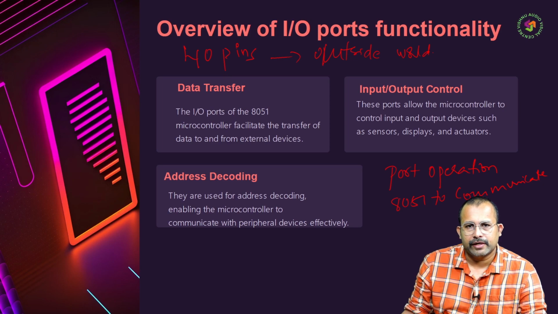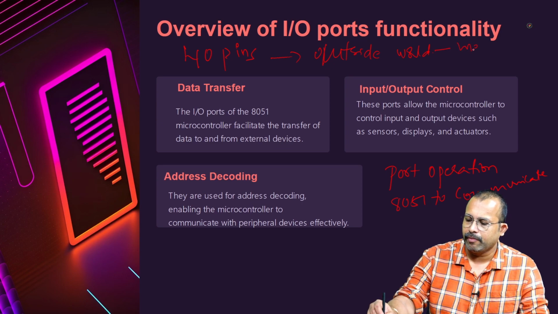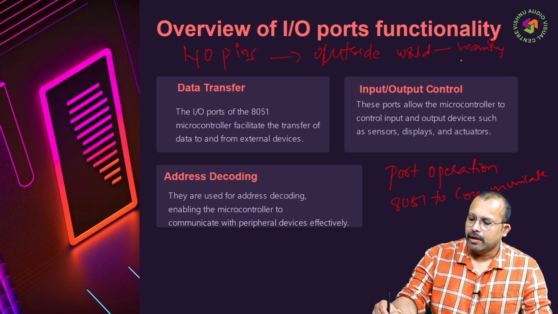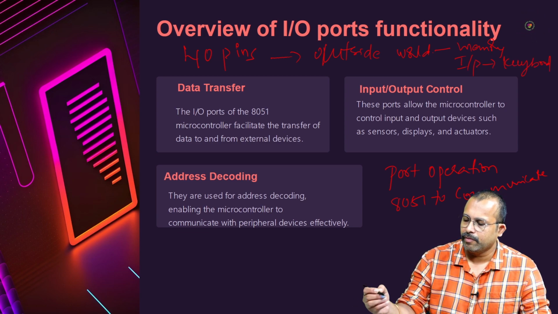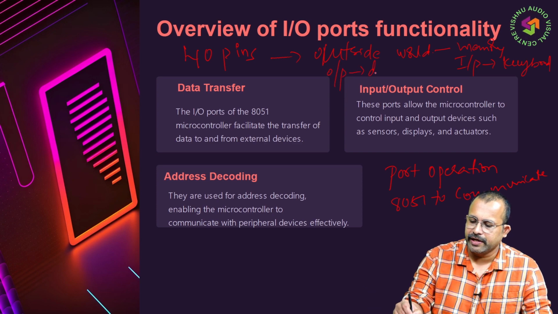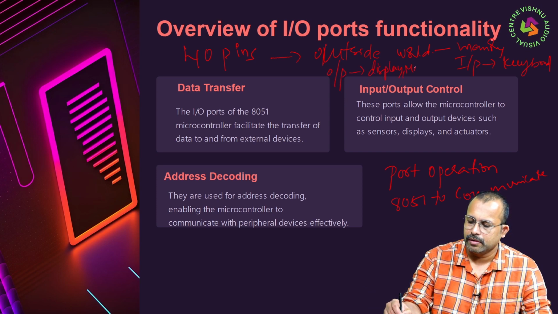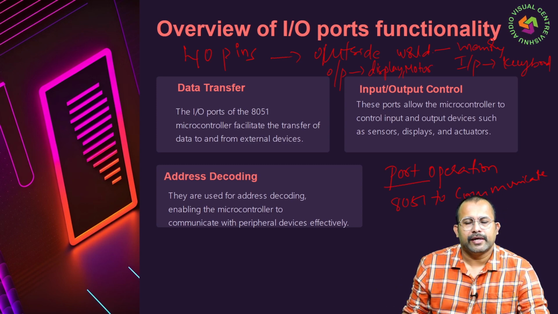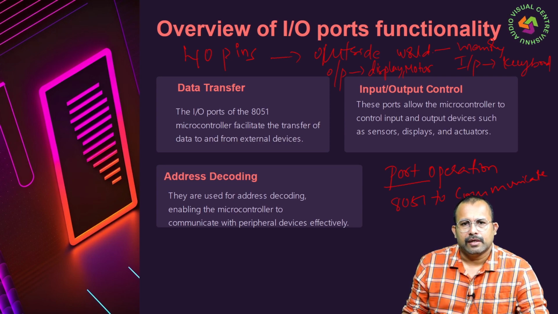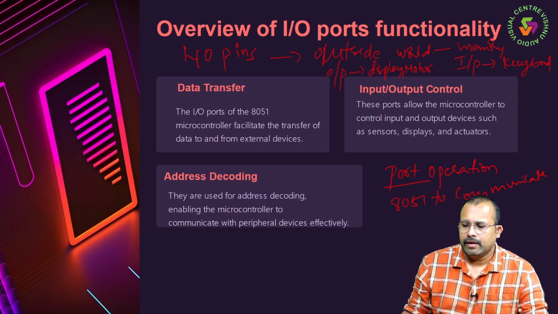So, to get the 8051 to interface with outside devices like memory devices, input devices like a keyboard, and output devices like a display or motor, we need ports for this interfacing. In order to connect external devices like memory and IO devices, we need ports. So, the port is the gateway for the IC to communicate with the external world.